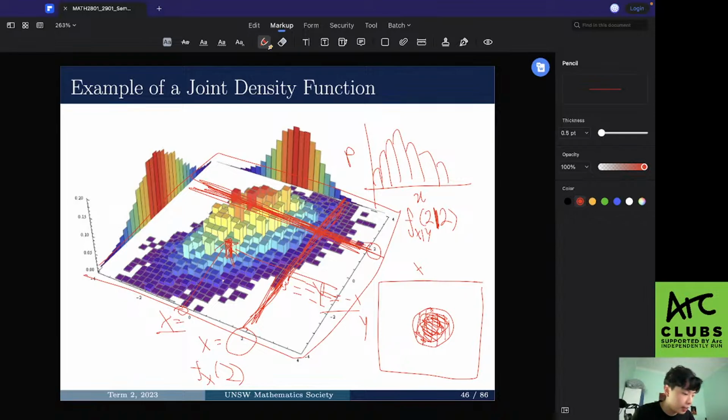Since any other horizontal line would mean that y is not equal to 2. So every event is now occurring on this line, y equals 2.